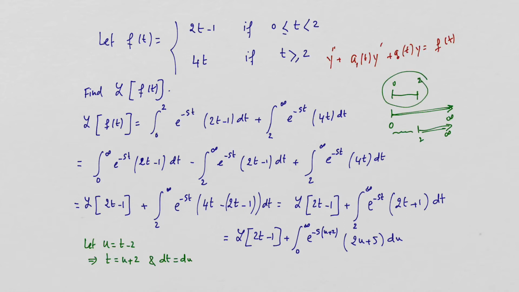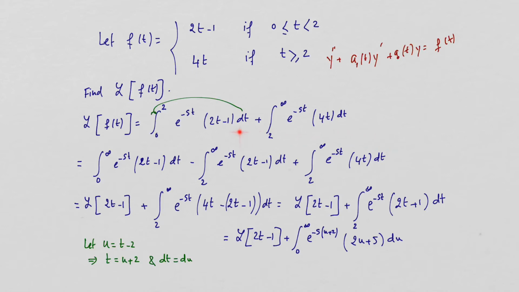So I rewrote this this way. Exactly the same copy, but the limits of integration have changed. And that remained the same. Now, these two happen to have the same limits of integration, so I decided to combine them. So you get 4t minus 2t minus 1 times e to the negative st, I pulled it out, dt, from 2 to infinity.